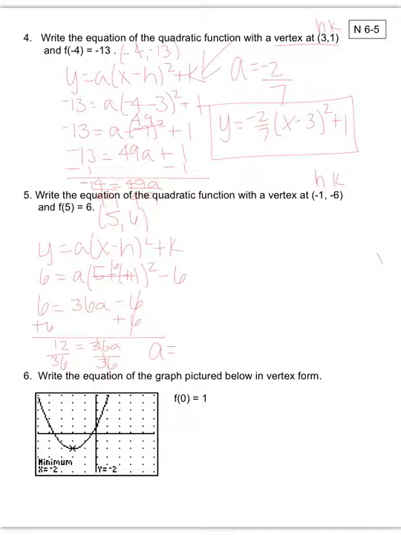So reducing it, a would be 1/3. So plugging back into your vertex form, y equals 1/3, x minus a negative 1, so that should be x plus 1 squared, and then minus 6.